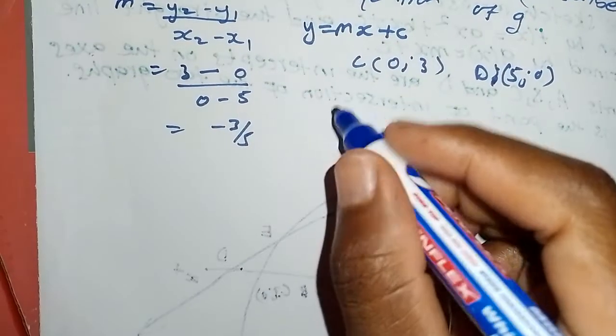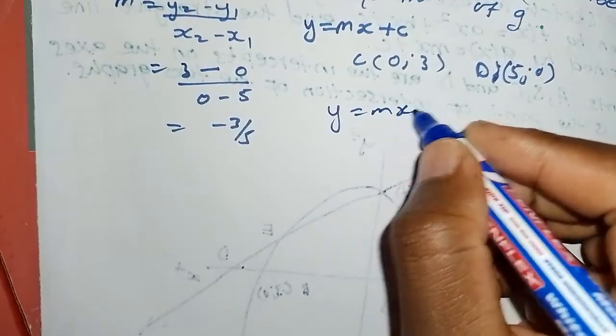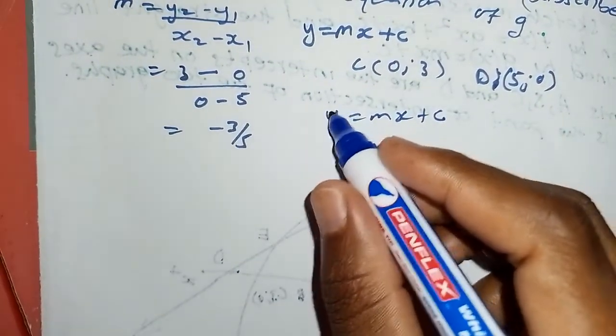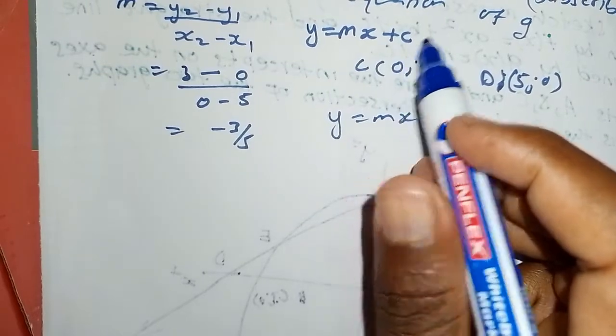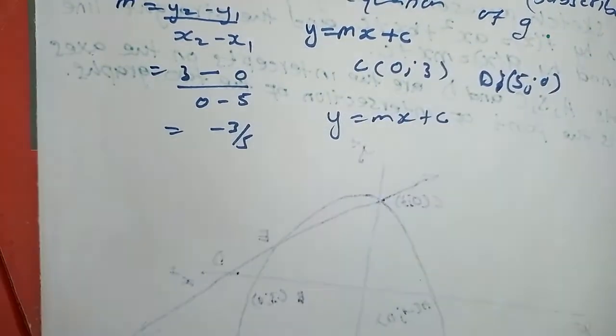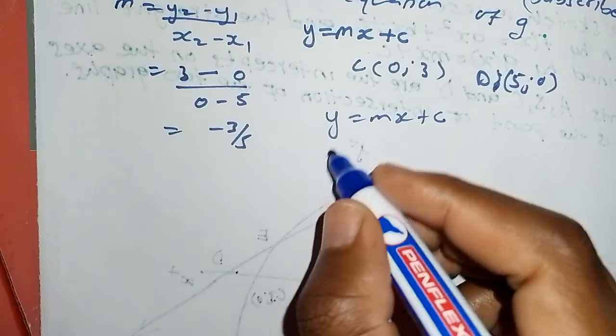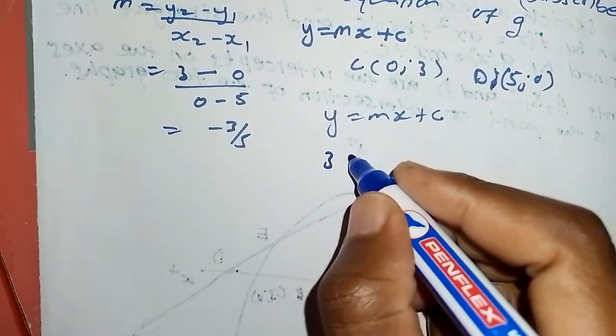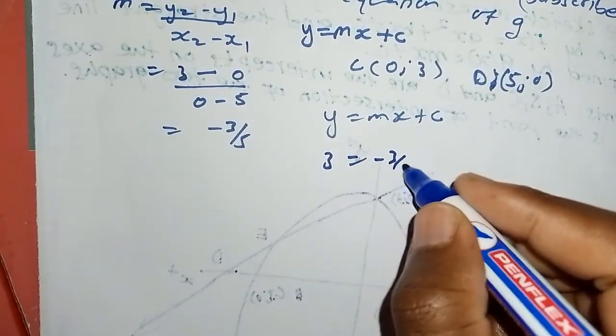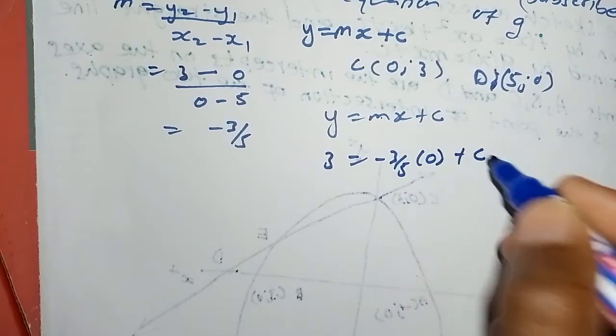Now I'll just say y is equal to mx plus c, right? Then what is y? I can just take one of the two coordinates. Let's just take this one. We can just say y is 3 equals -3/5 times 0 plus c, right?